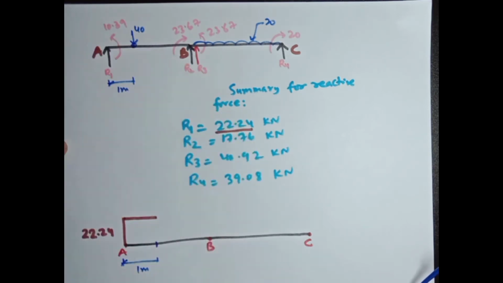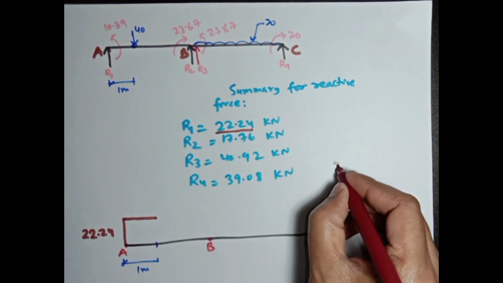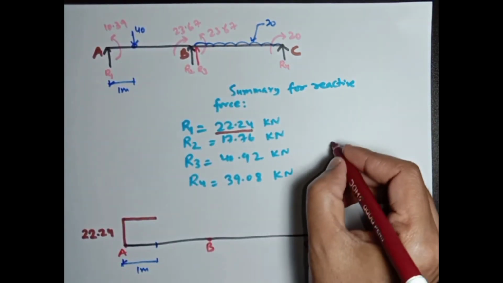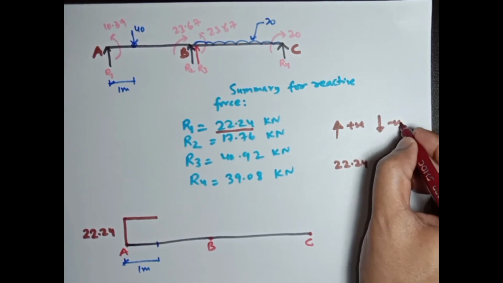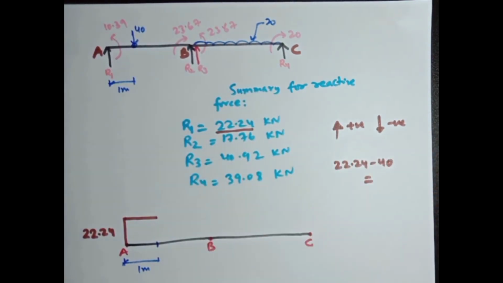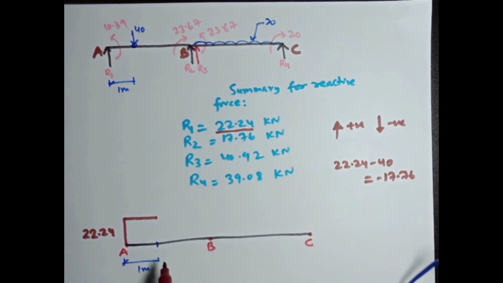and when it reaches this point where the vertical load of 40 kN is acting, the shear force will be 22.24, and the upward force has been taken as positive and downward as negative, so 40 will be shown here with a negative sign. So 22.24 minus 40 will give a value of minus 17.76.